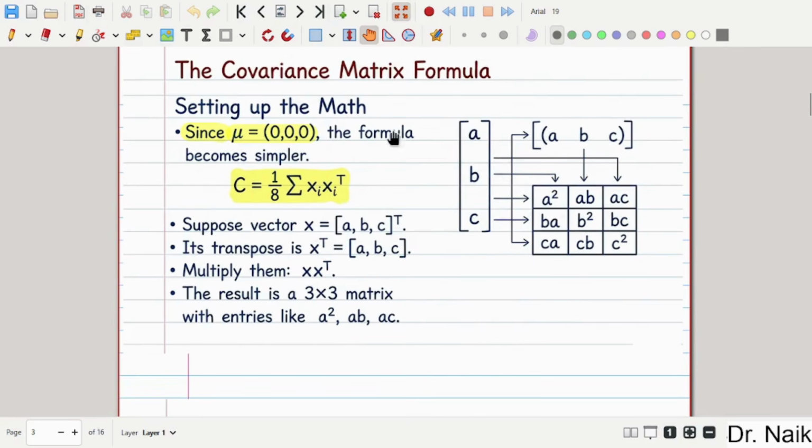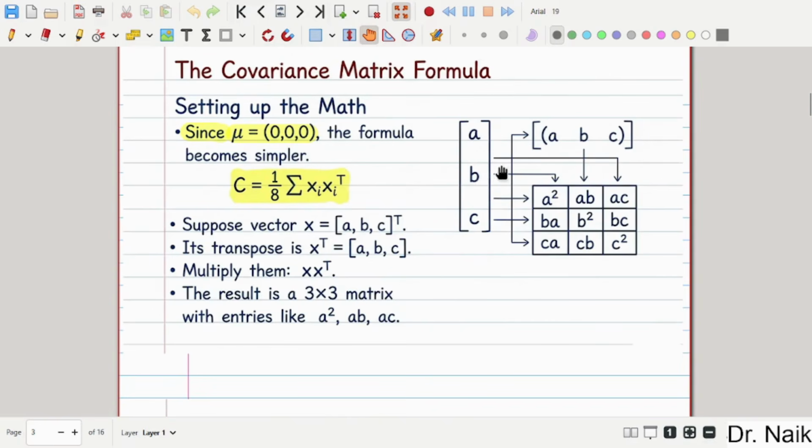In our example, the mu, that is mean, is 0. Therefore, our covariance formula becomes C is equal to 1 upon 8 multiplied by summation of xi multiplied by xi transpose. Suppose our x is column vector a, b, c, then its x transpose becomes row vector a, b, c. So multiplying xi into x transpose will give us first row a into a, a square, a into b, ab, a into c, ac.